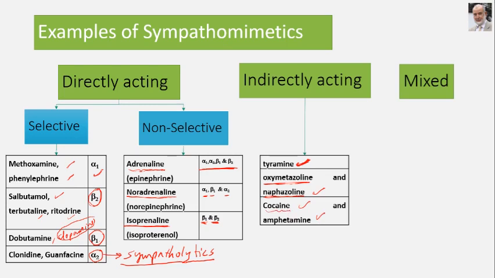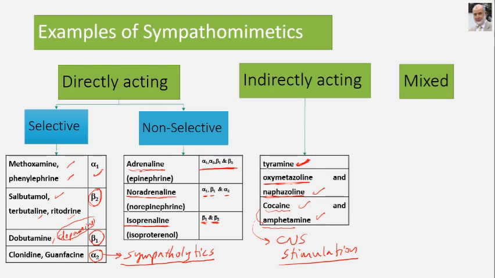Both are CNS stimulants. They stimulate the central nervous system and produce euphoria and many other central effects. Besides, they have indirect sympathomimetic activity: they cause the release of noradrenaline from the adrenergic nerve terminal. Now, these are the indirectly acting drugs.